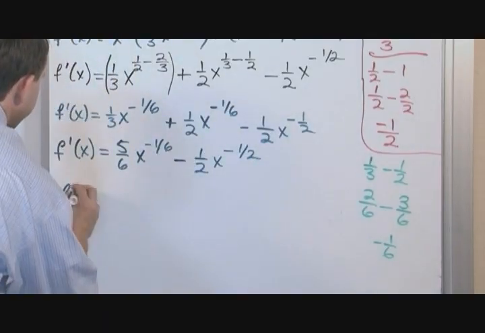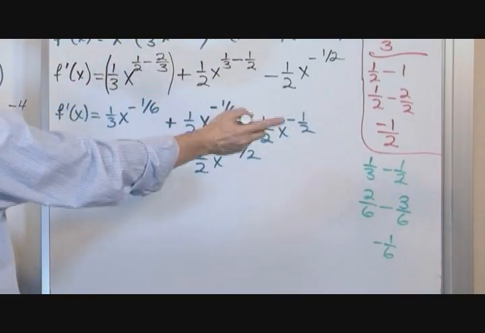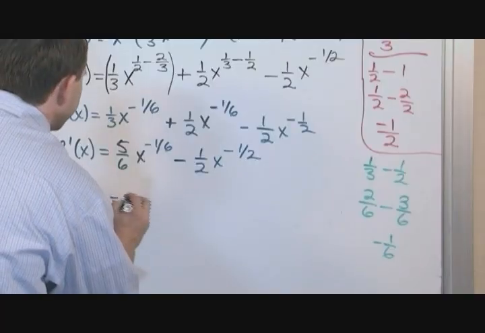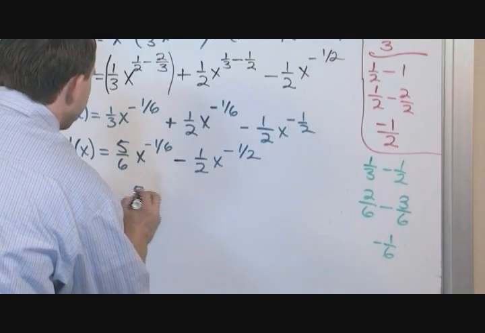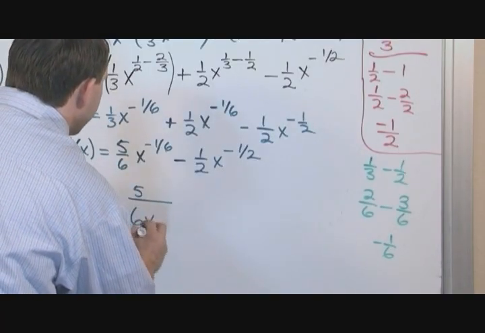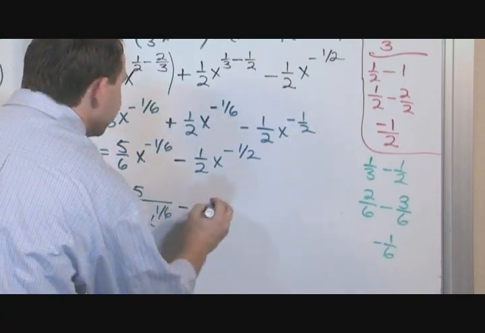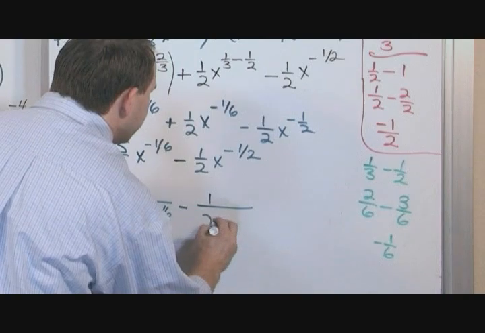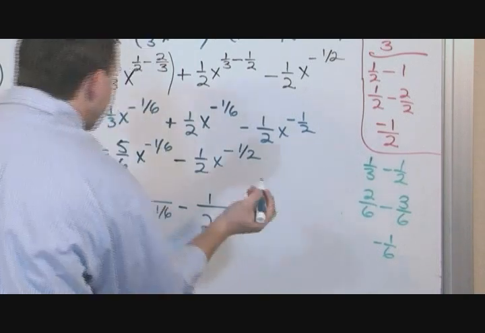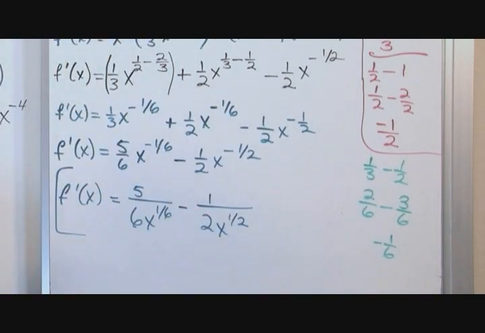So we're basically done at this point. I can actually circle this as being completely correct and done, but I'll just leave it as 5/6 times x to the 1/6 power, making it positive in the bottom, minus 1/2 x to the 1/2 in the bottom, making it positive. And this is the answer. 5/6 x to the 1/6 power minus 1/2 x to the 1/2 power.